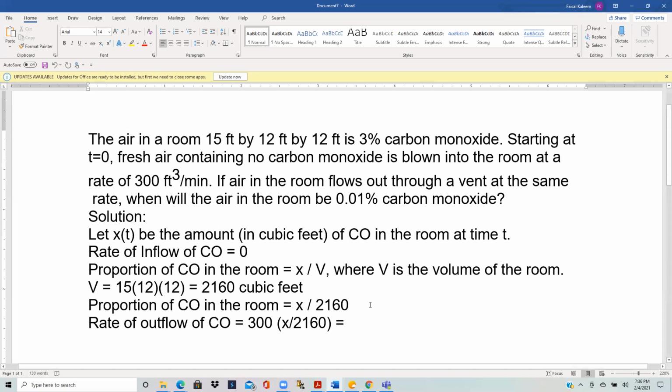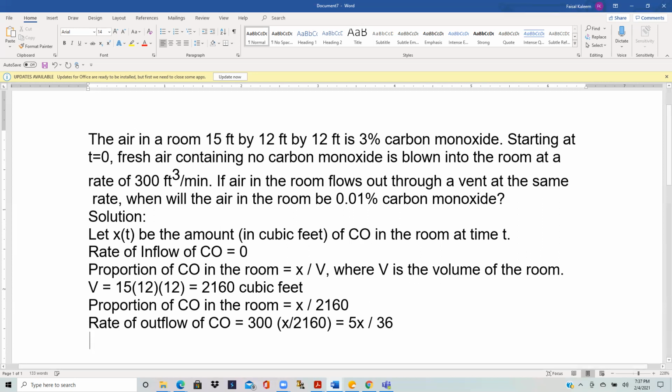The zeros cancel out, and that is 5x over 36.